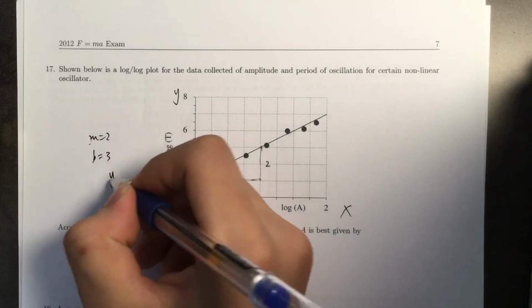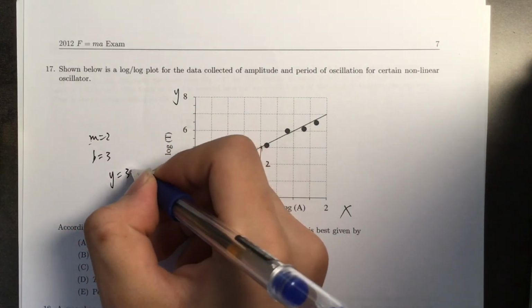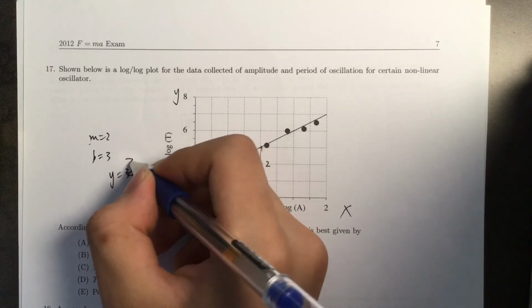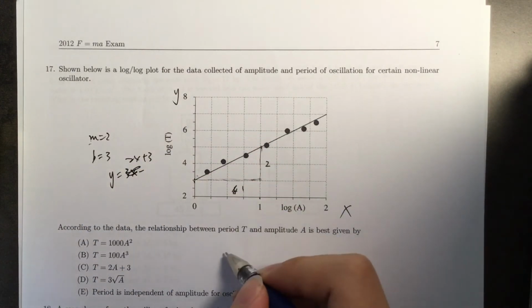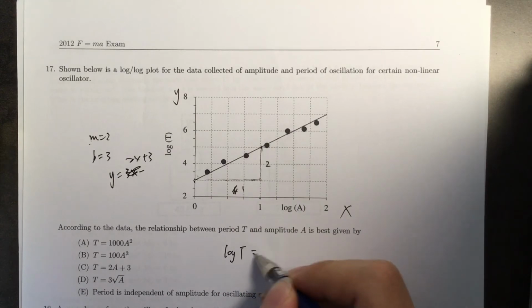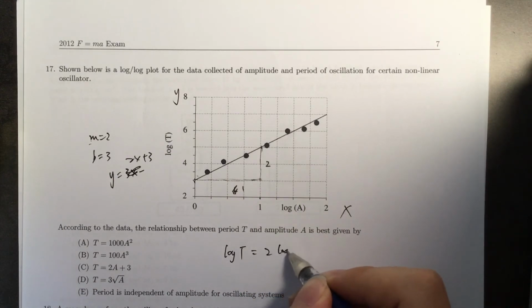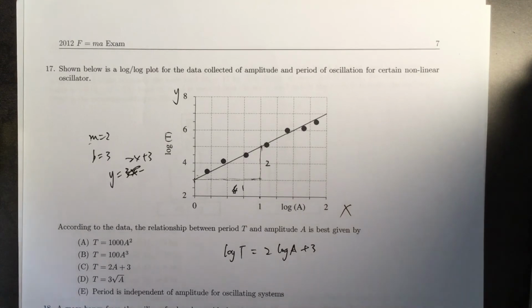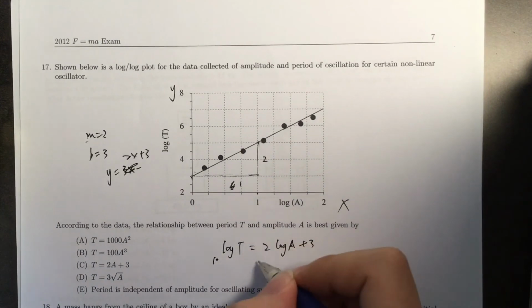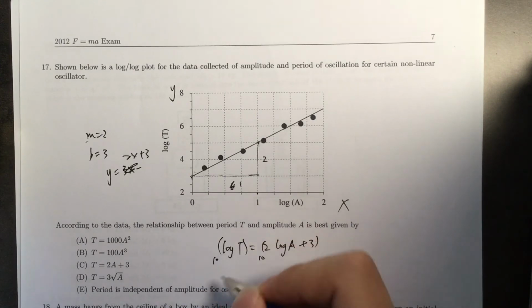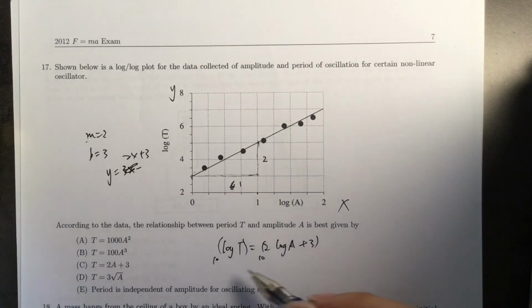Then we know y is equal to 2x plus 3. So we now plug in y. Log of T, which is y, is equal to 2 times log of A plus 3. And then we just change the bases. So let's put base 10 on each side.